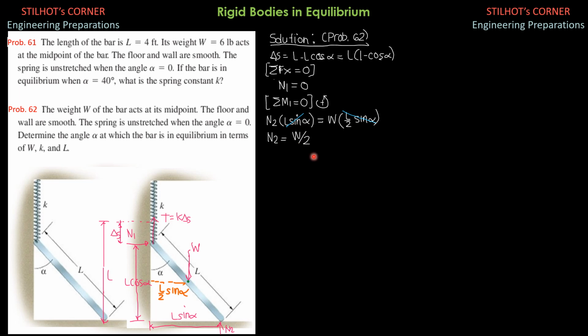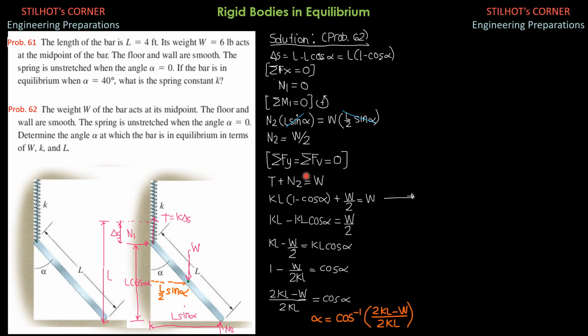Then the third equation that is not yet used is summation forces vertical or y equals 0. Then we have upward tension T plus N2, minus W equals 0, or equals W. Upward forces equals downward forces.